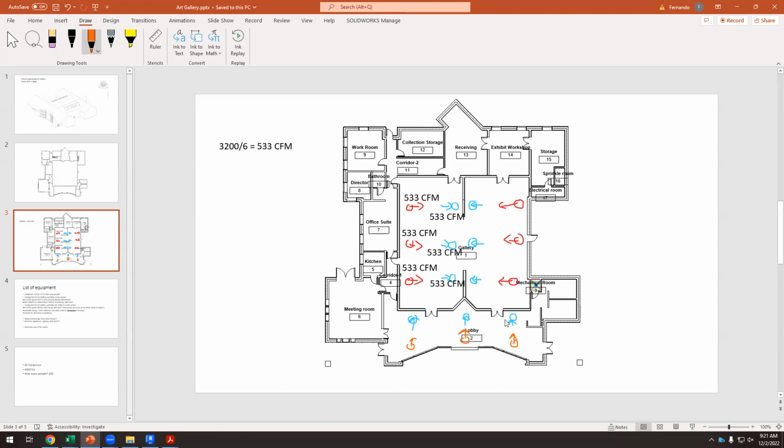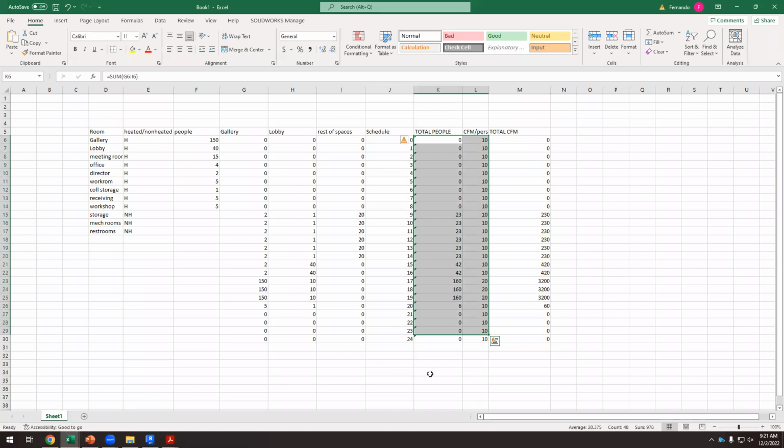What's the flow that we have in the lobby? Well, in the lobby, I have a maximum of 40 people times 20 CFM, so it can be 800.